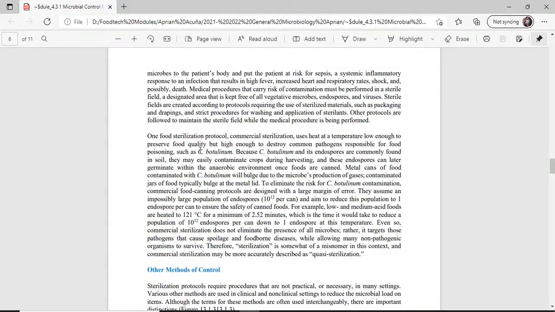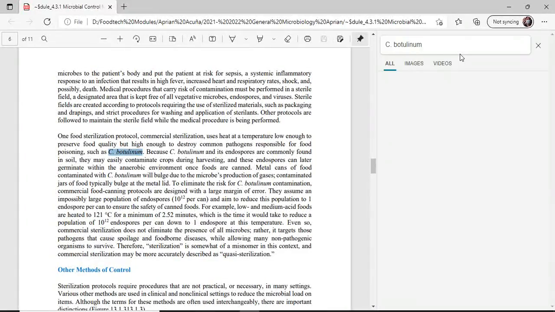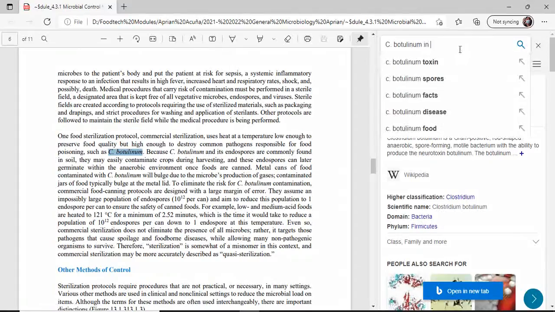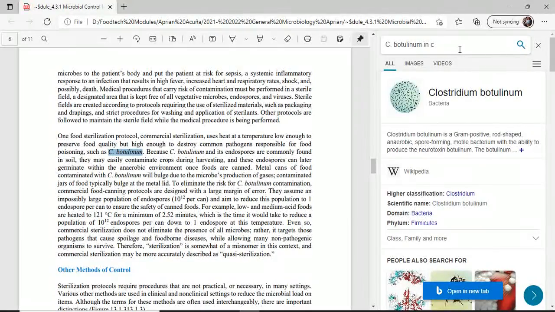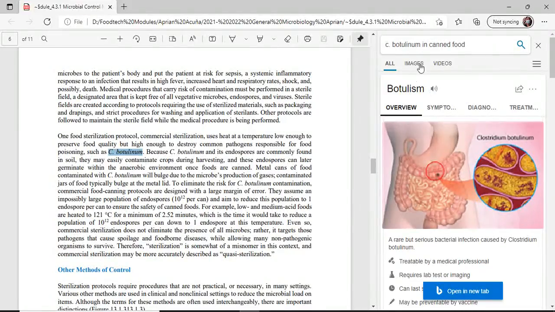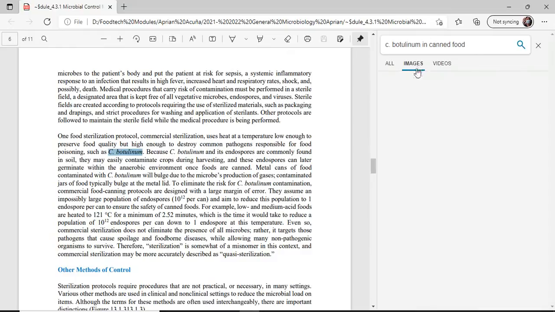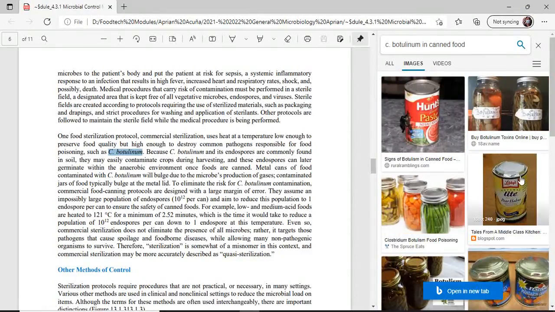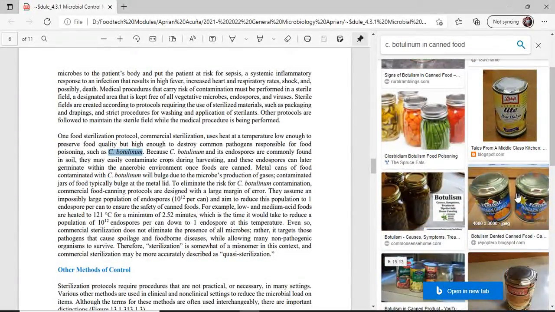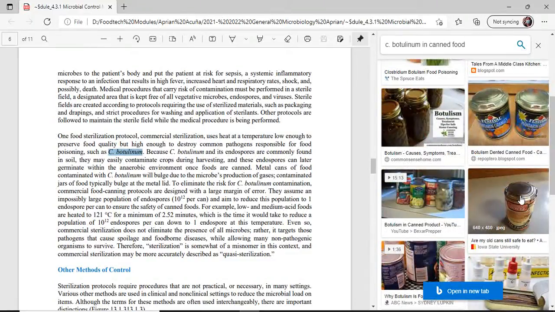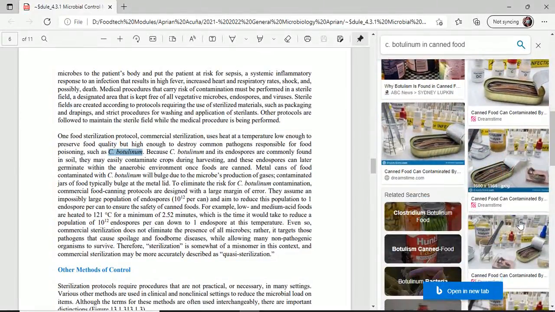Okay, so what does Clostridium botulinum look like? Let me find some pictures. You have here the bulging cans.